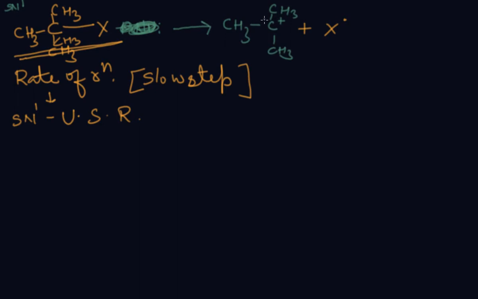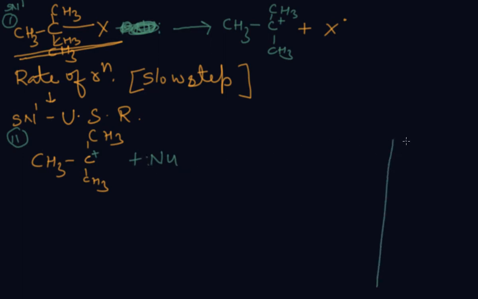Here now I'll get, this is the slow step, this is the carbocation. CH3, C, CH3 and CH3. Here is a plus charge. Now this is the second step, this is the first step. SN1 completes in two steps. Now any nucleophile will attack. Nucleophile means the species which have electrons.